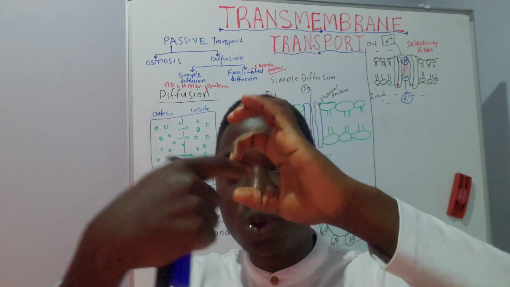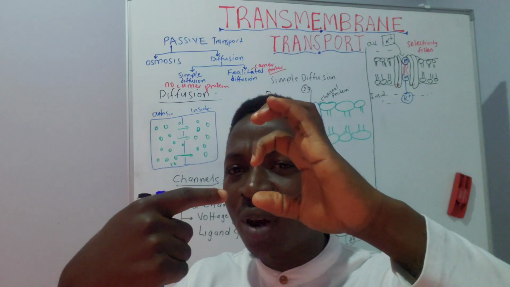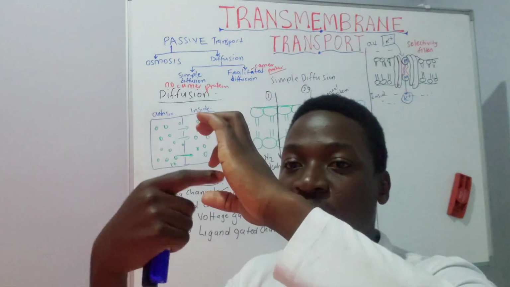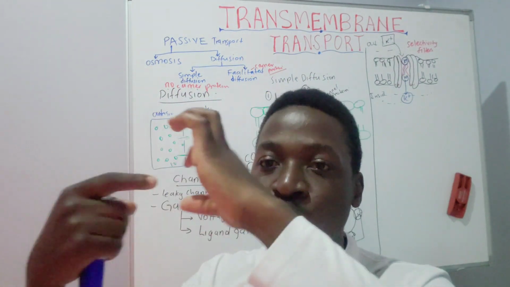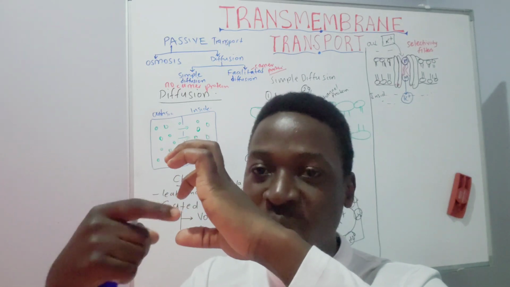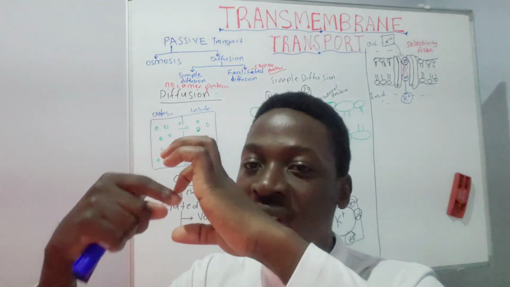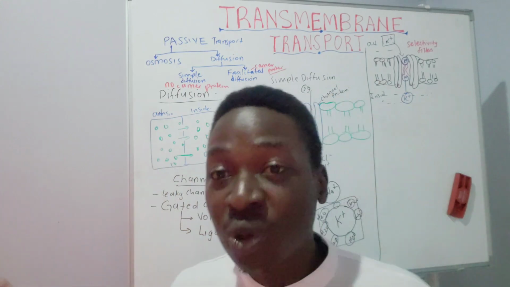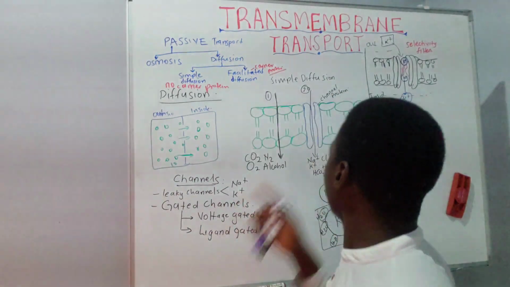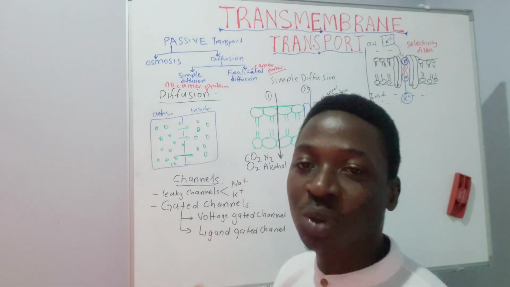If you're not naked, you will not go through the channel. I hope this is quite simple and clear. That is why sodium finds difficulty moving through these potassium channels.